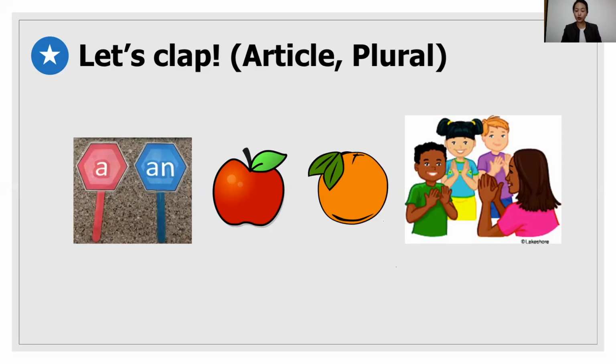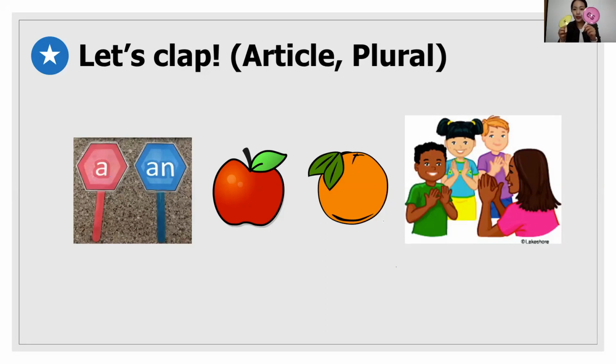Yes, you can use it for the plural as well, like apple, apples, one clap for S, and oranges for two claps. Yes, ES. So you can explain that when they use "a" and "an" as well as ES.